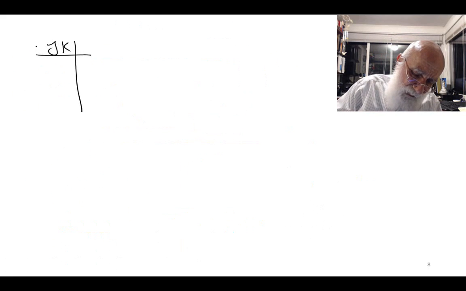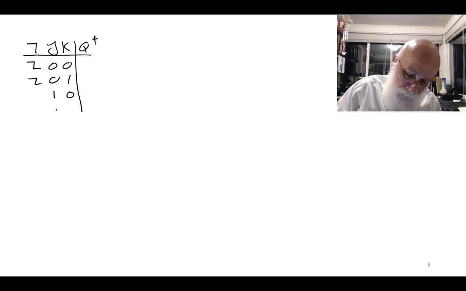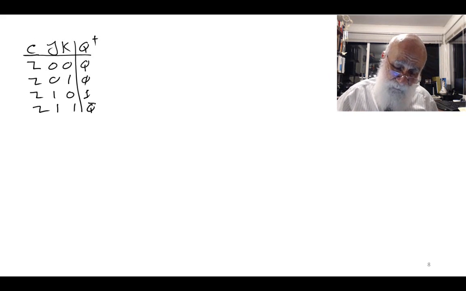I have the JK and the clock, and Q plus: 0 0 is nothing, 0 1 is 0, 1 0 is 1, 1 1 is Q bar.